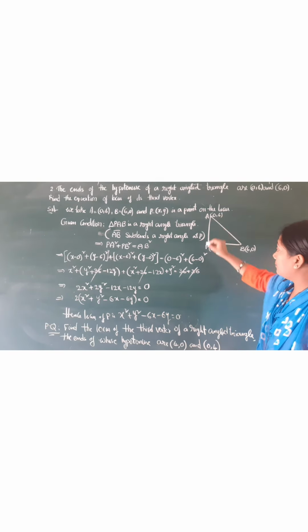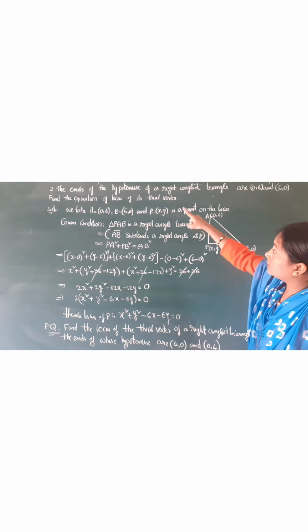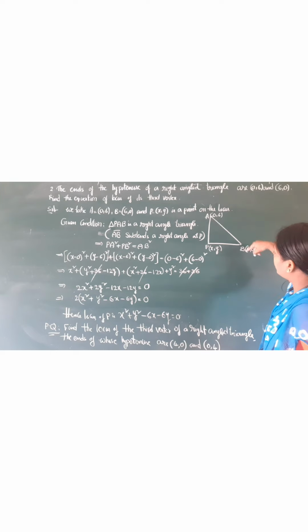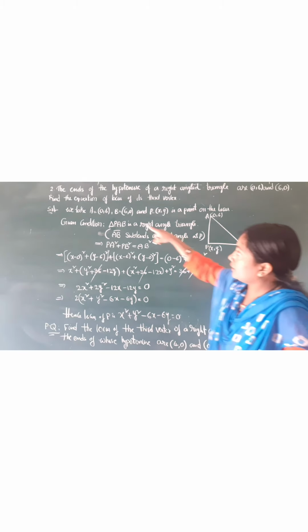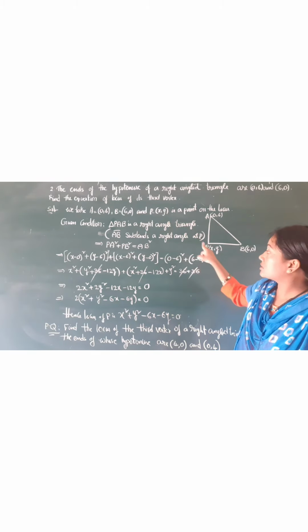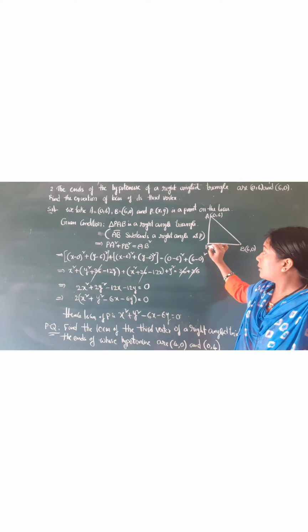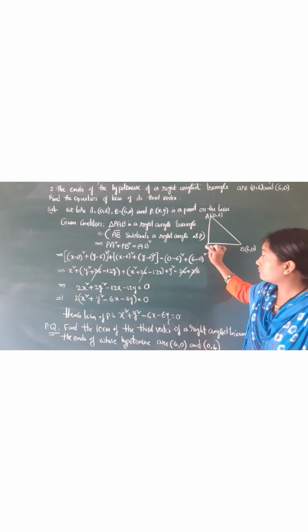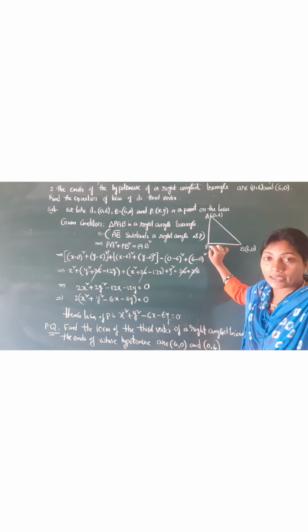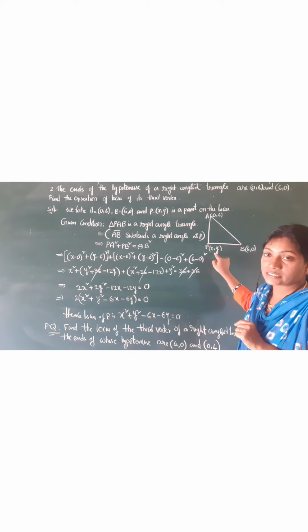I am taking right angled triangle APB, and the ends of the hypotenuse I am letting as A and B, 0, 6 and 6, 0. And find the locus of its third vertex. So this is P. We have to find the locus of this point, so I am considering this point as P, x, y.